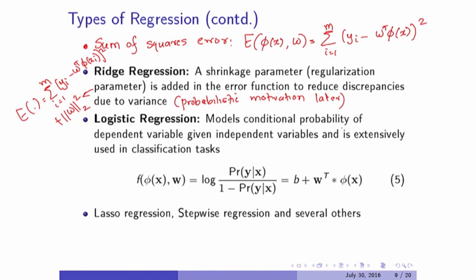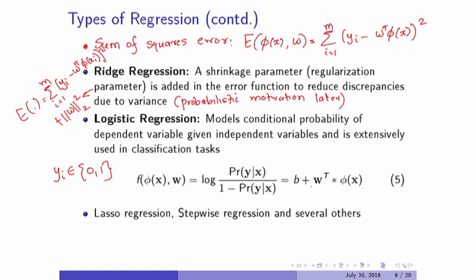One could also look at regression where the dependent yi is not necessarily real valued. For example, it could be binary 0 or 1, as is the case with classification. In the logistic regression model, the function to be predicted is basically the log of the odds, the probability of y given x divided by 1 minus probability of y given x, the log of the odds.